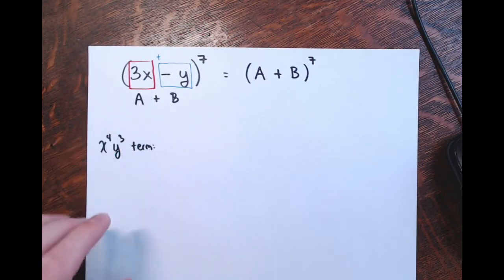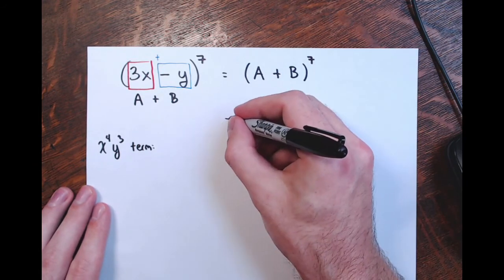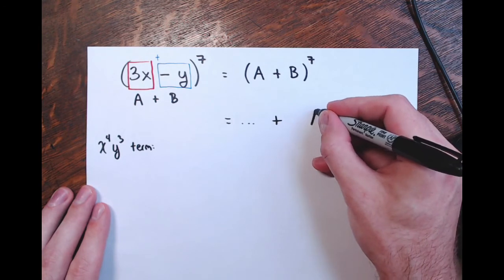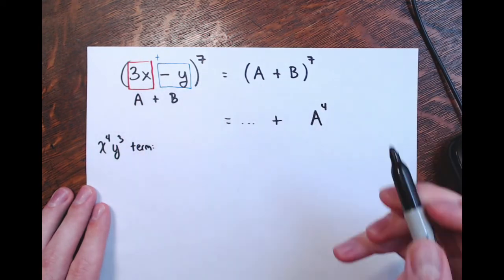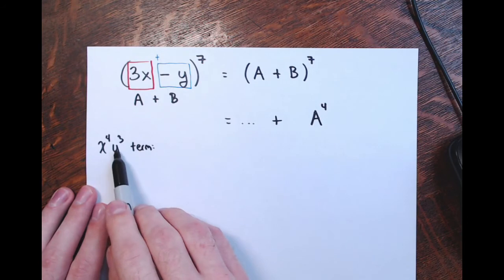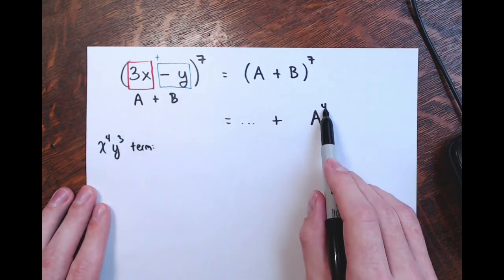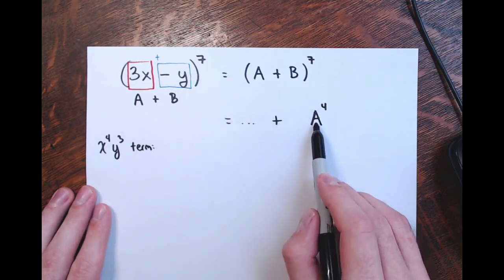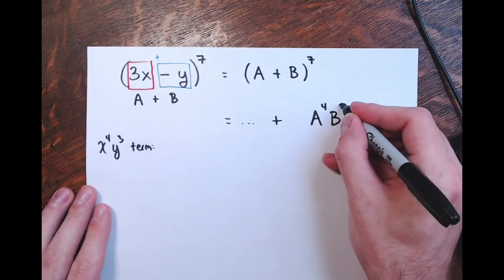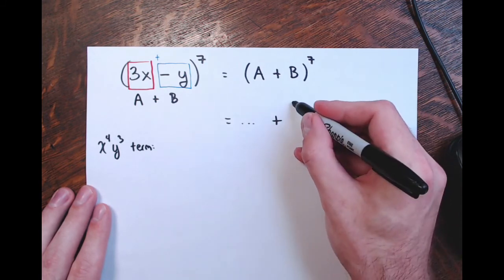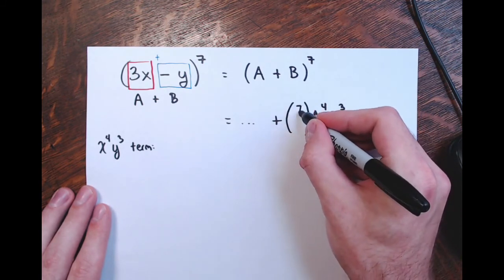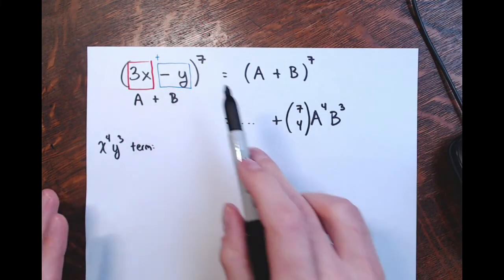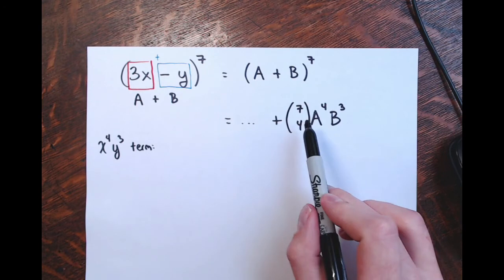So I'd have something, something, something, plus a to the 4th, the 3x to the 4th. And then, to get the y to the 3rd, if I'm creating strings of length 7 here, if I have 4 of these a's, I would have to have 3 of the b's. And then remember, the coefficient on this is 7 choose 4 or 7 choose 3. A string of length 7, choose 4 a's or choose 3 b's.